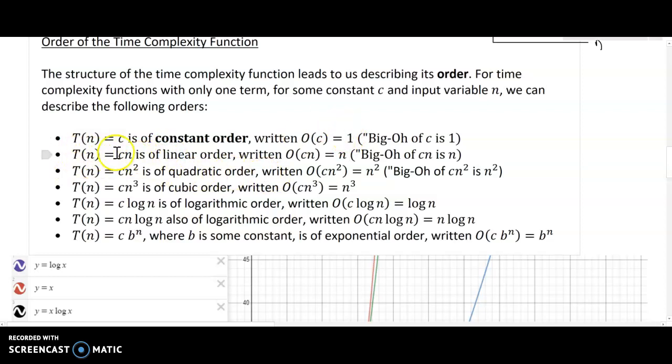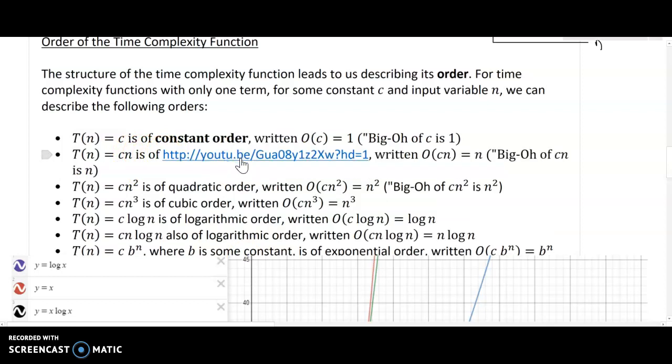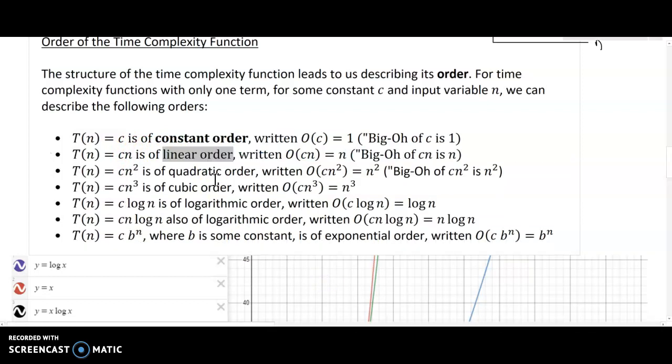So if your time complexity is some multiple of n, that's a linear function, and that's called linear order. And the order of a constant times n is just written as n. Again, n is the simplest linear function you can have.